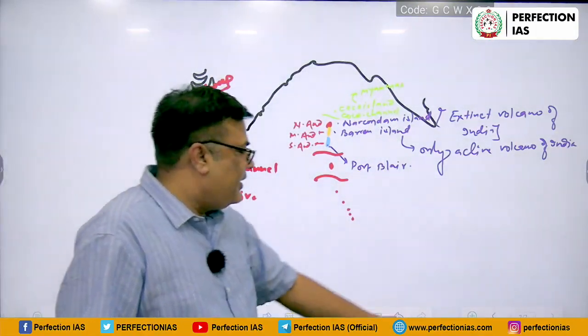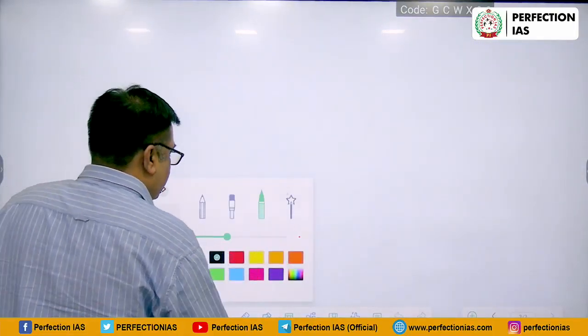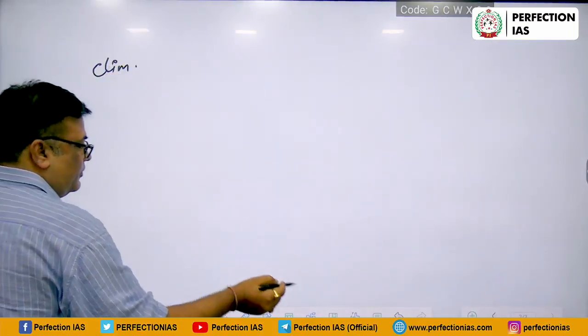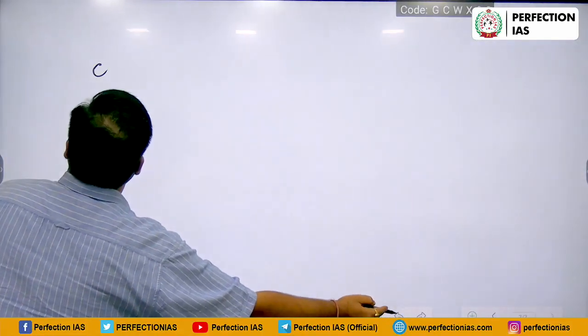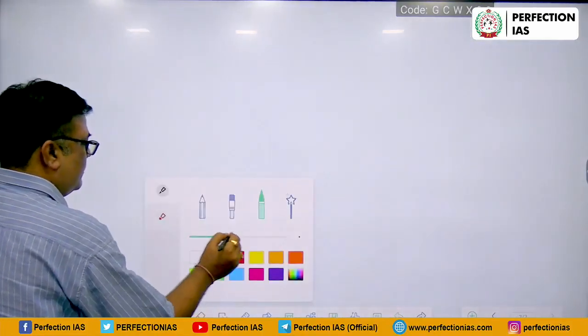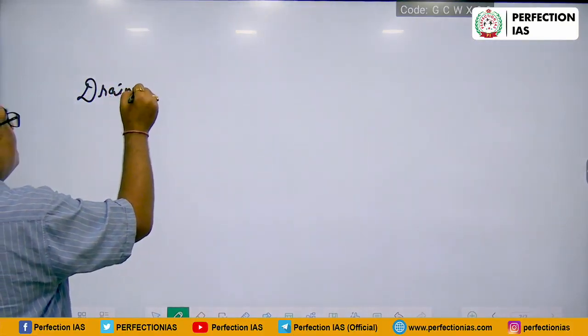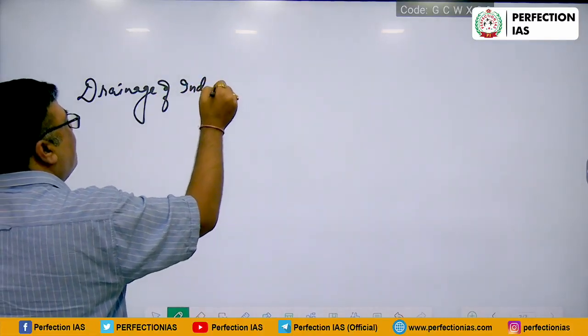Now, after this, the second aspect of Indian geography is climate, but before that, drainage of India.